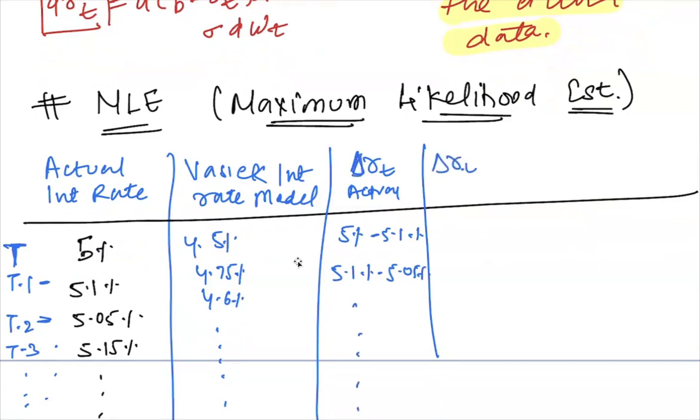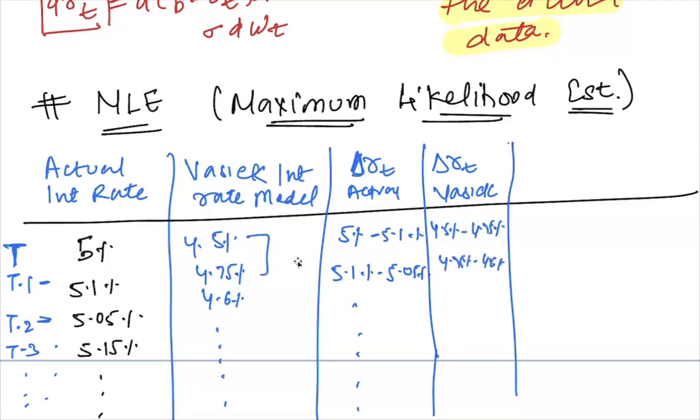And similarly, you'll use the Vasicek model to calculate the change in your interest rate. So you'll do 4.5% minus 4.75%, 4.75% minus 4.6%. So you'll subtract these two, then these two, right?